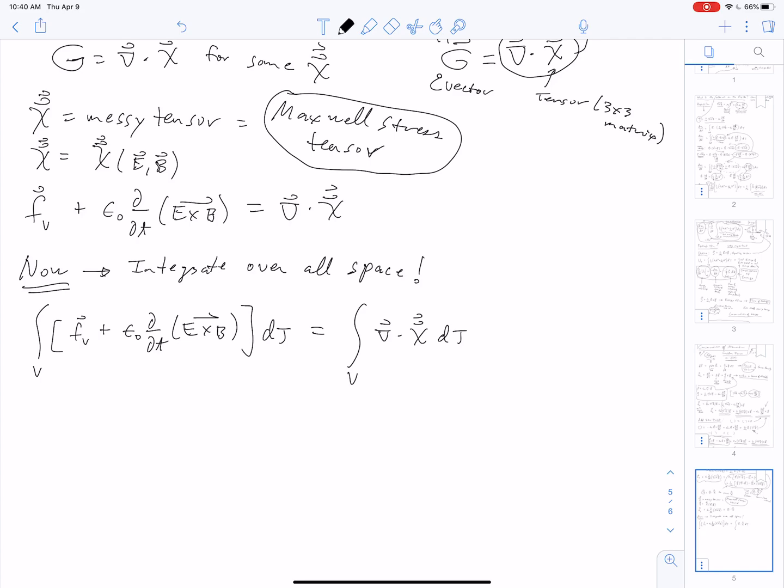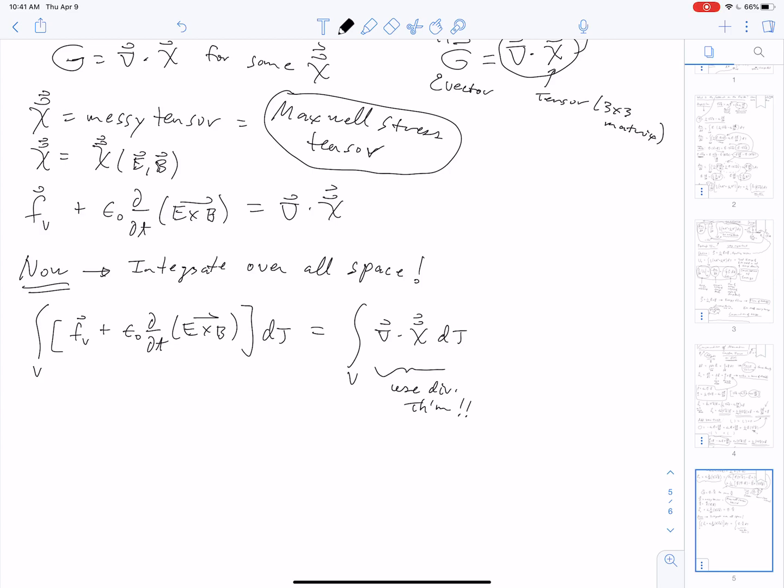But now you can see something very cute happens, because we have an integral of a divergence. So let's use the divergence theorem. This is just a multi-dimensional generalization of the divergence theorem, but you can show that it's true pretty easily.